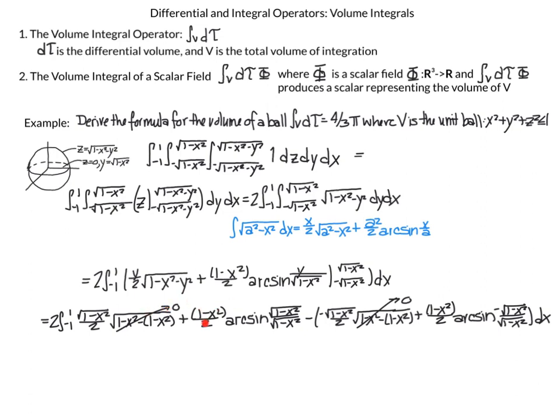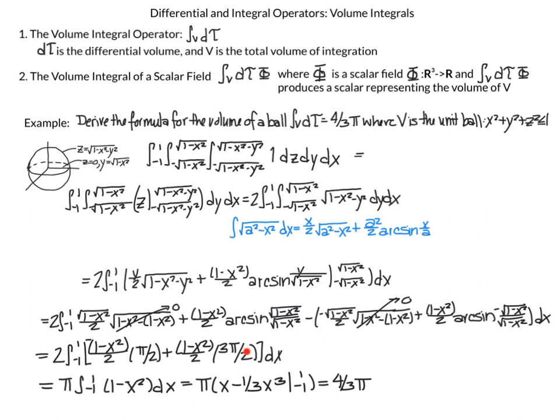Here I have 1 minus x squared over 2 arc sine of y, which is the square root of 1 minus x squared over the square root of 1 minus x squared, so this is arc sine of 1, minus, and then I'm going to plug in the lower limit of integration. In here, this is going to go to 0, and then over here I'll have 1 minus x squared over 2 arc sine of minus the square root of 1 minus x squared over the square root of 1 minus x squared. So these are the two terms I have left, and I'm integrating with respect to x.